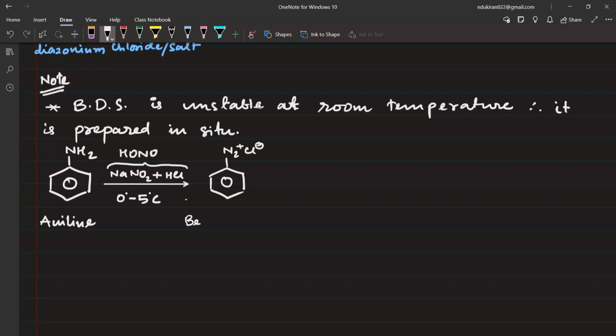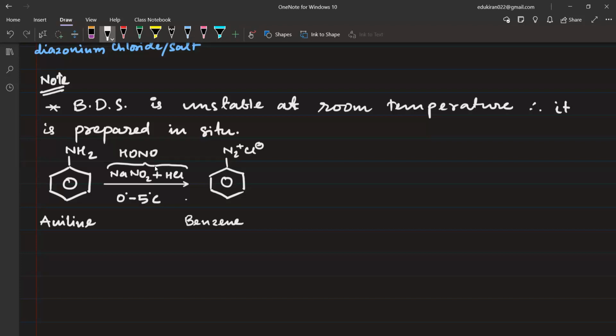Sir, what is after prepared in? In situ. Prepared in situ means in between a reaction. When we want to do the reaction, at that time only we prepare benzene diazonium chloride. That means we do not keep it on shelves or in the lab. Whenever we want it, we prepare it.